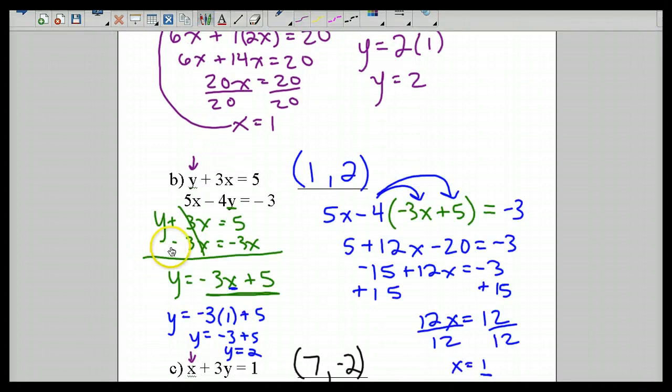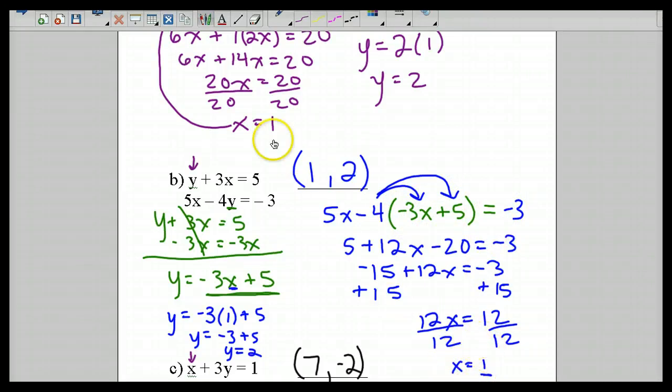Okay, so for B, you should have solved for y first right here and gotten negative 3x plus 5. Now this here, green, goes in right here for this y, because y equals negative 3x plus 5. So I show that over here. That 5x minus 4, and instead of y, you're going to write negative 3x plus 5 equals negative 3, and you solve that for x.